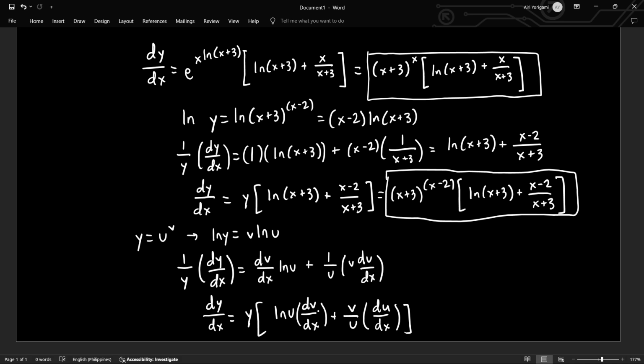That's the general solution. But you don't need to memorize this.